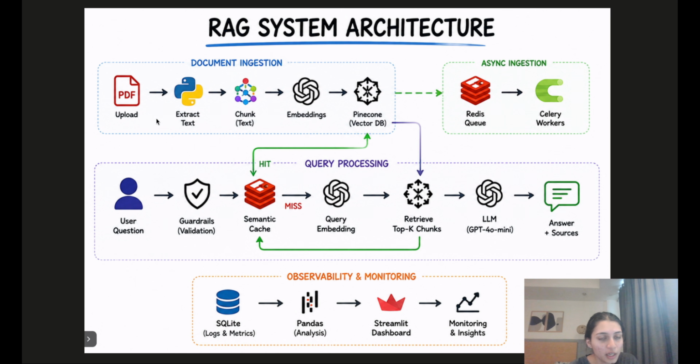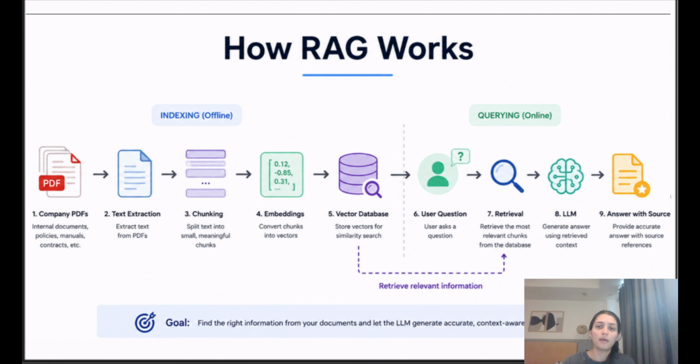We upload a PDF, we extract the text, we chunk that text, and then we convert the chunks into embeddings, and then we store those embeddings in a vector database. It's the core RAG system, as we have seen.